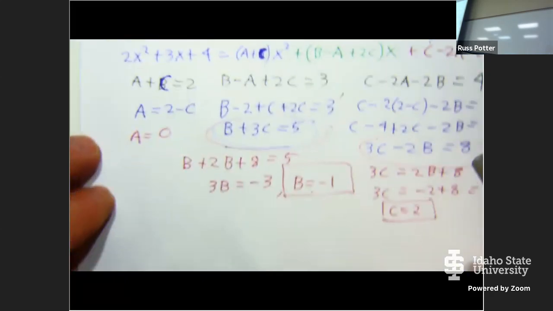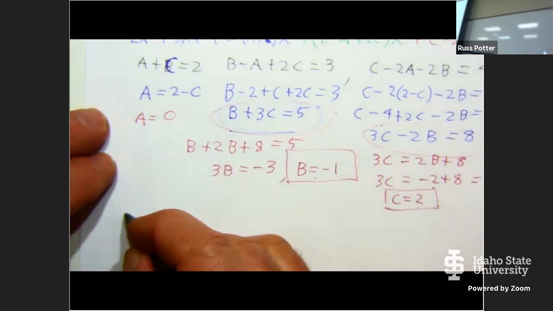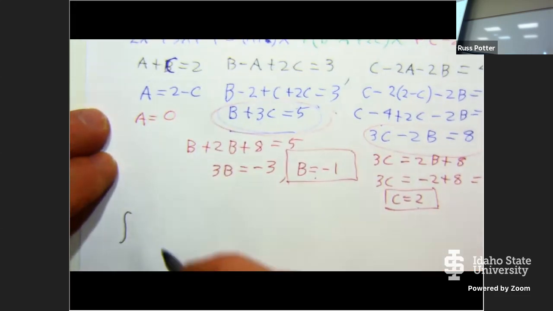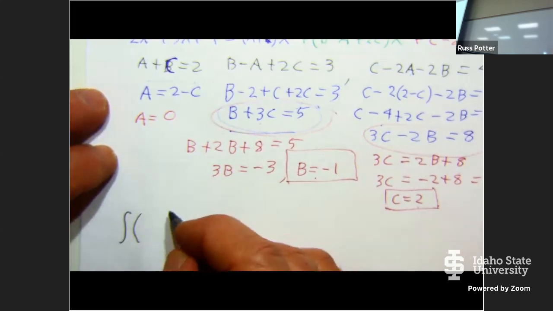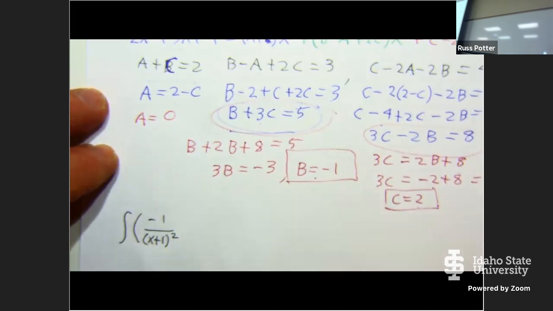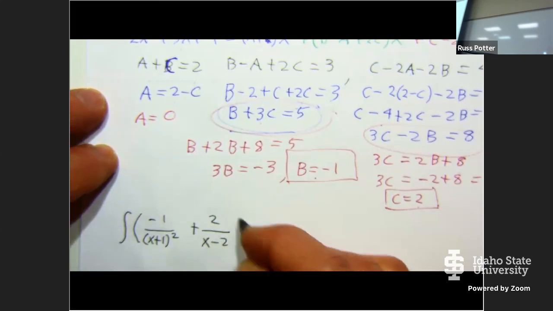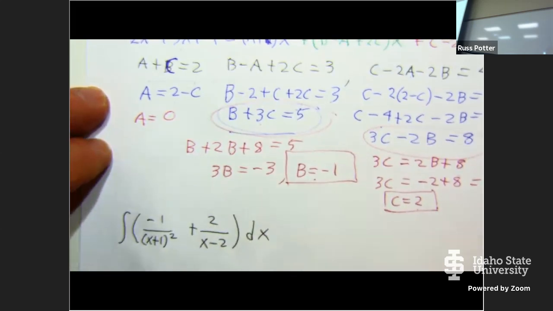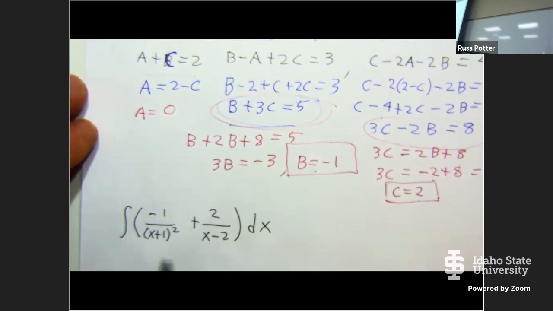I'll write it down here. The indefinite integral in terms of partial fractions becomes the indefinite integral of -1 over x plus 1 to the second, plus 2 over x minus 2 dx. This is the result of the partial fraction decomposition.